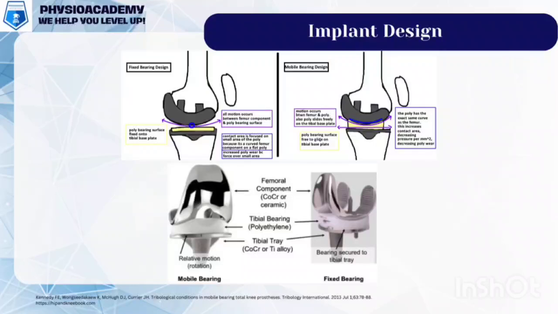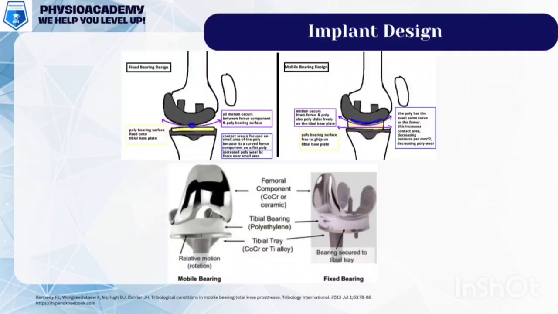At the same time, in the mobile bearing design, the poly component is curved, so the femoral and the poly component will have greater stability along with mobility and range of motion. The poly component will also have some motion with the tibial base, which gives a rotational motion to the implant. So this is how you can differentiate the fixed bearing design from the mobile bearing design of an implant.